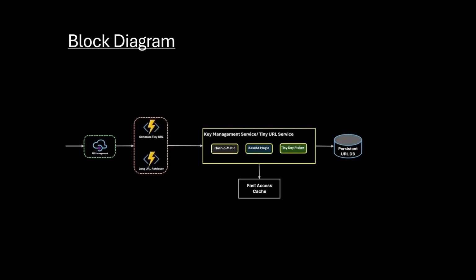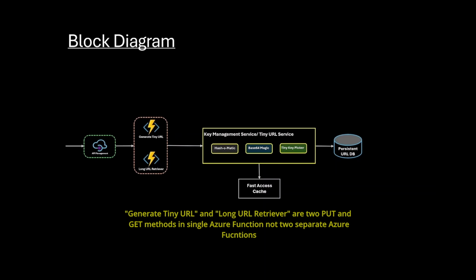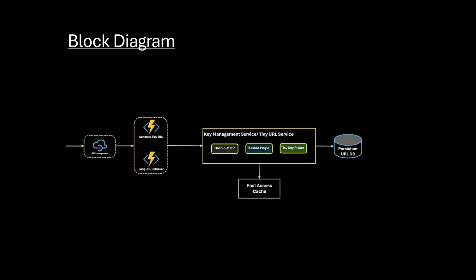The next component will be replaced by the generate tiny URL and long URL retriever Azure function. Do not get confused: you can see two Azure functions visible here, generate tiny URL and long URL retriever, but instead, a single Azure function is created with two endpoints. First, a put endpoint to create the tiny URL.